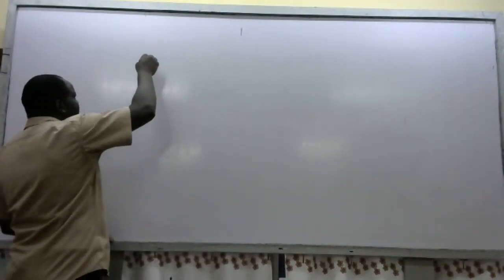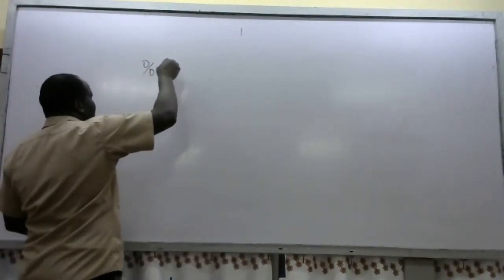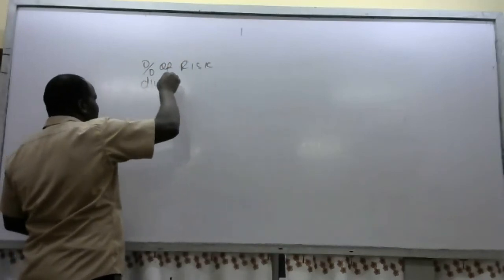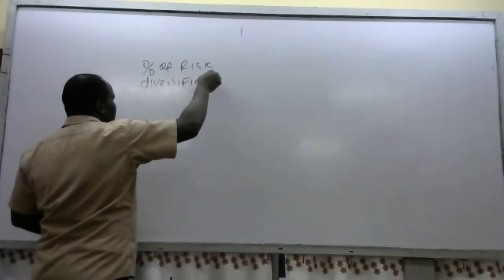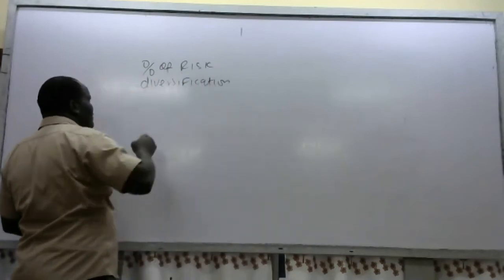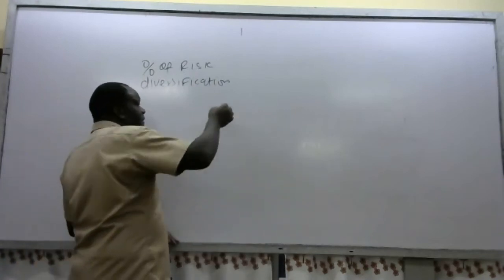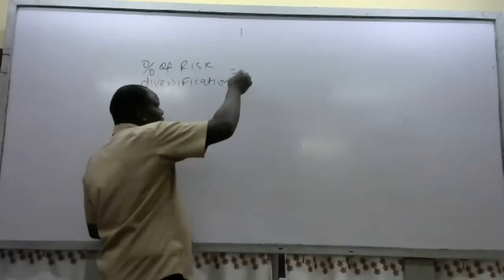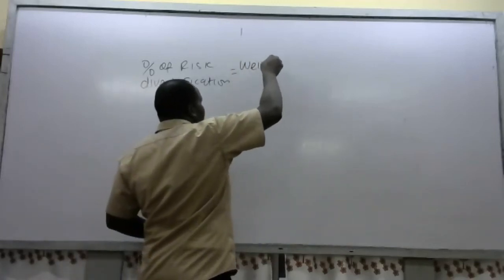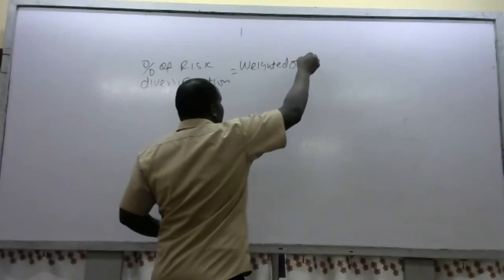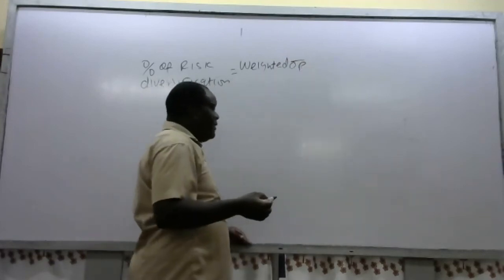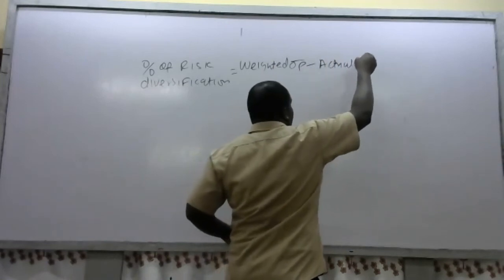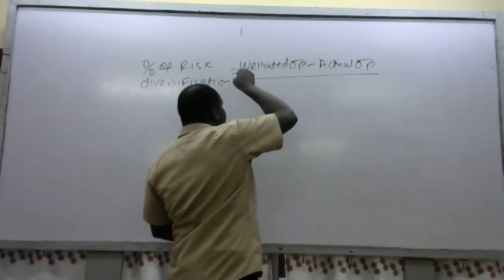So to get the percentage of the risk diversification or minimization, it is supposed to be given by the weighted standard deviation of the portfolio, from which we subtract the actual standard deviation for the portfolio.